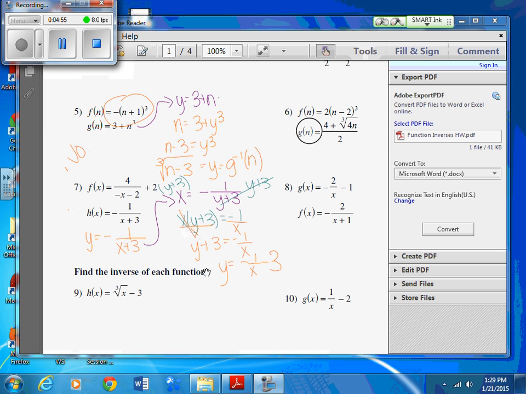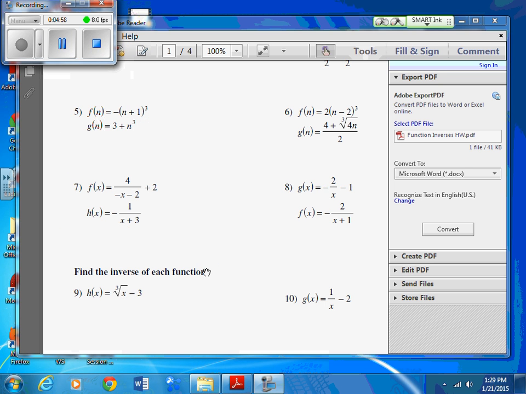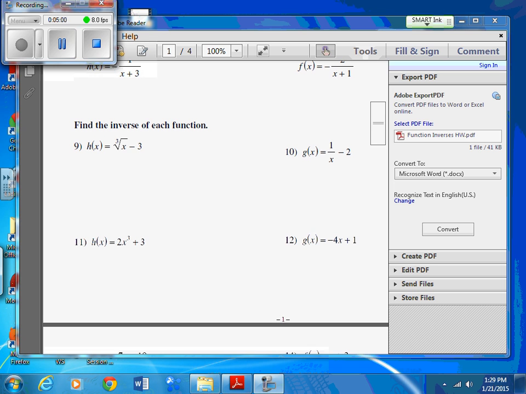Erase this stuff. For 9 and 11, we just had to find the inverse function, so this switching x and y, just like we've been doing. Here, I've got y is equal to the cube root of x minus 3. We can switch our x and y.